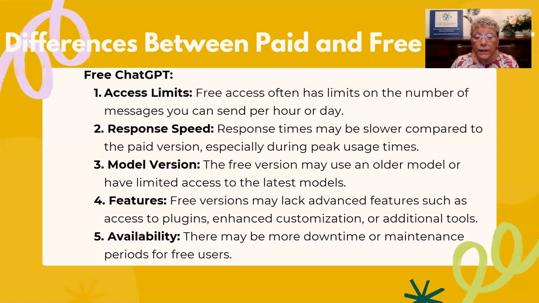When they introduced the first paid version, you could get newer information. Let's say you were asking it for research citations. The free version would only give you up to a certain date, and the paid version was newer and would give you fairly current information, up to the last month. So that's an issue. If you want the latest information, you might have to use the paid version.